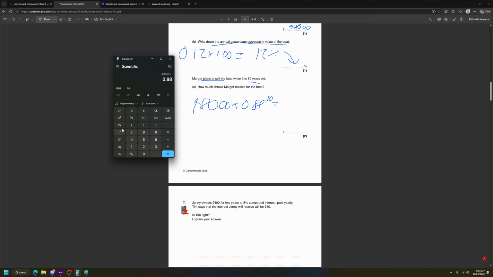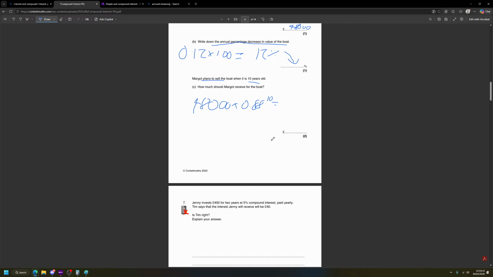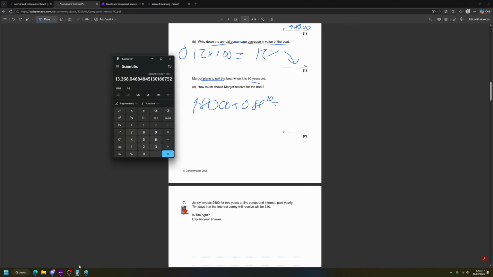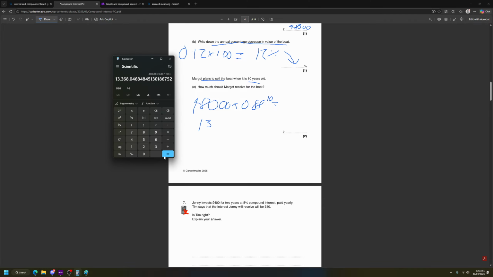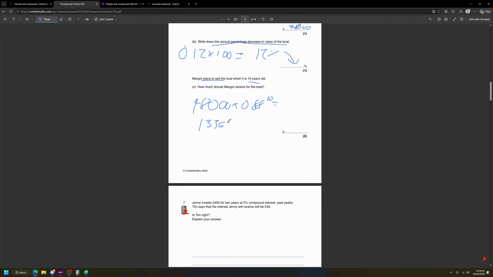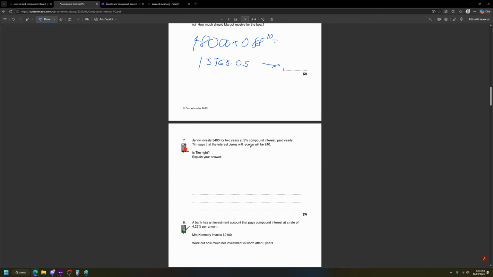It's 13,368 and 5 pence, because you need to remember to round to the nearest second decimal place because it's in pence. I will write that for your sake, just in case you need to look at it: 13,368 and 5 pence, and that's the answer.